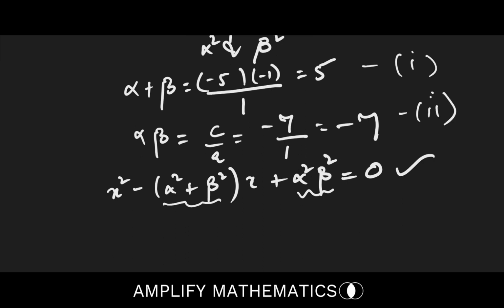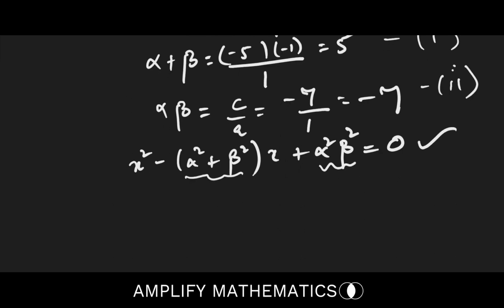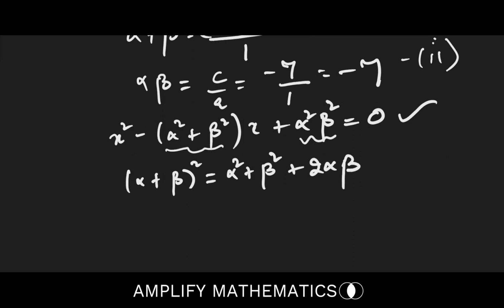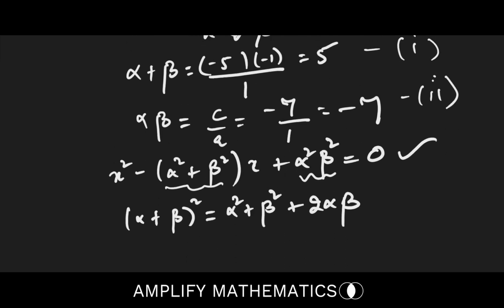Alpha plus beta is 5 and alpha beta is minus 7. Let's try to find out alpha square plus beta square. So let's use that identity, whole square. Alpha plus beta whole square is alpha square plus beta square plus 2 alpha beta. Okay. So now we know the value of alpha plus beta, that is 5. 5 square is 25, which equals alpha square plus beta square plus 2 alpha beta.